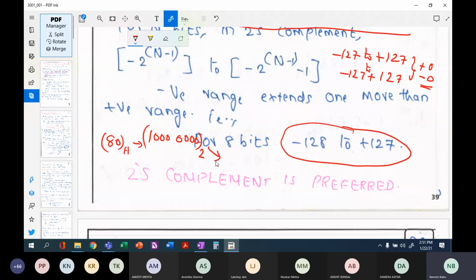You convert this into decimal equivalent. Okay, sorry, not 128. It's actually minus 128. Why minus 128 is because this one is a sign bit which is taken by the minus. That is the reason.